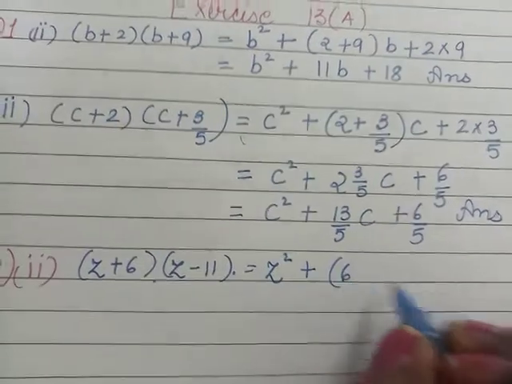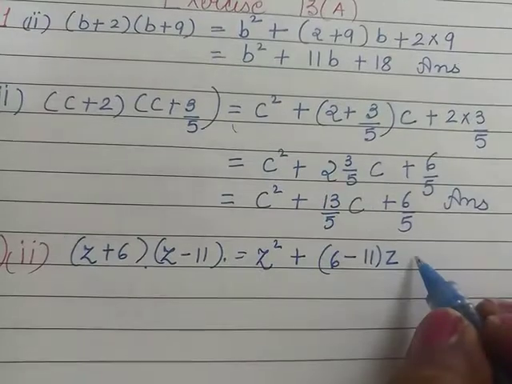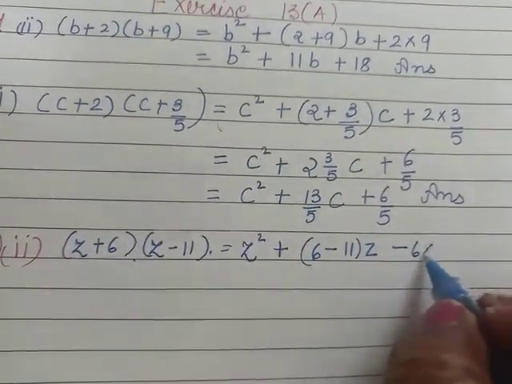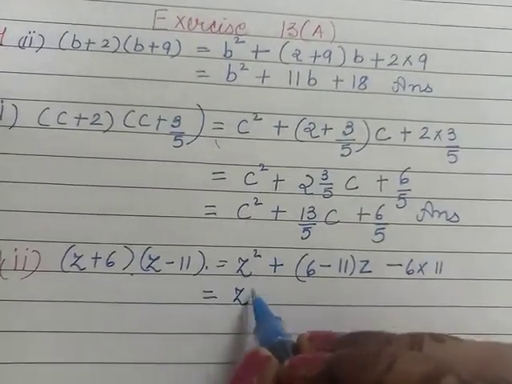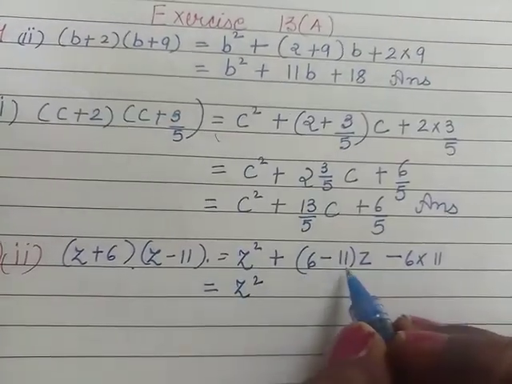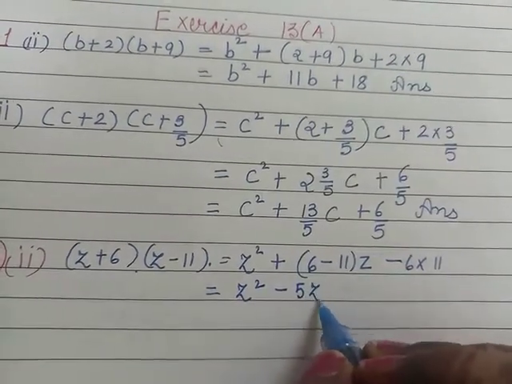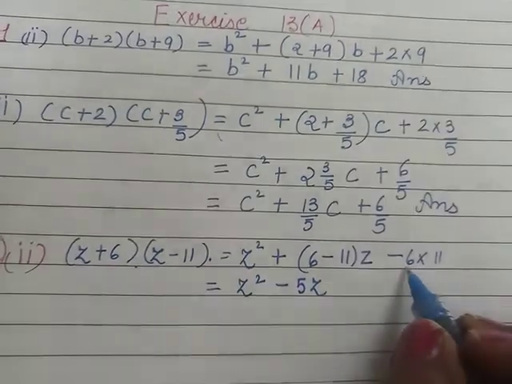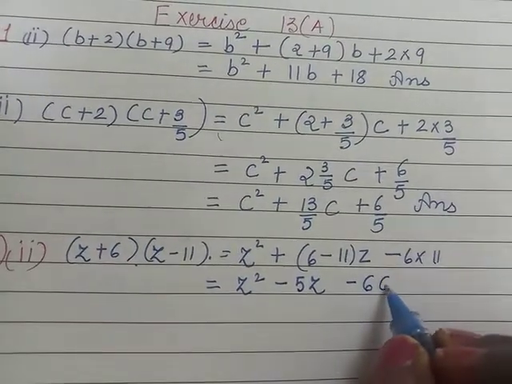Then 6 minus 11z, and as one is positive another is negative, so minus sign, 6 into 11. So the answer becomes z square, 6 minus 11 will give you minus 5z. Minus plus will become minus, so I am writing minus 5z. 11 into 6 will give you minus 66.